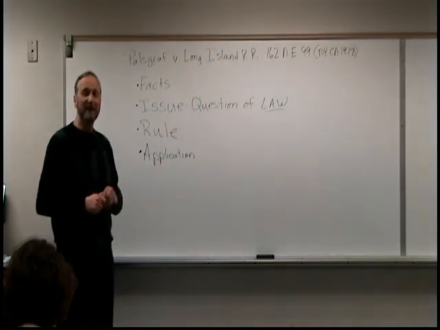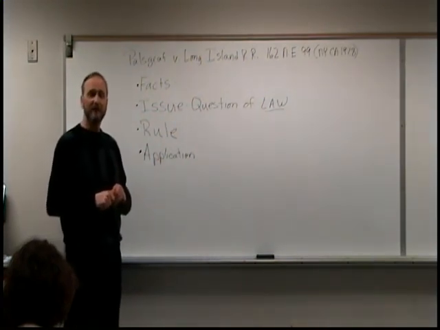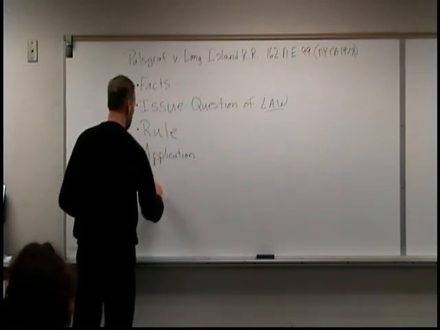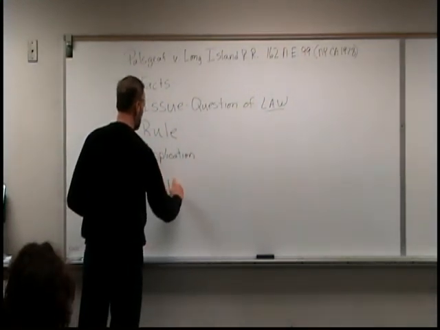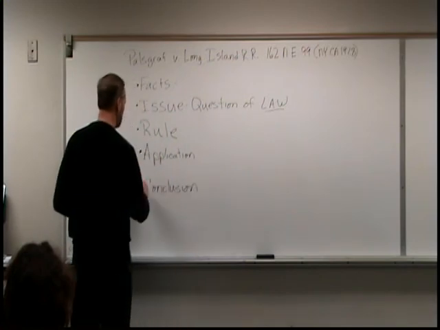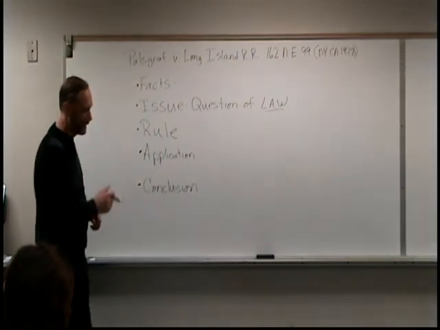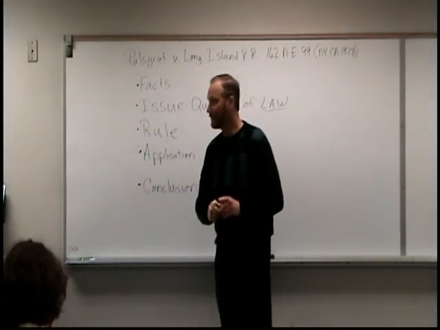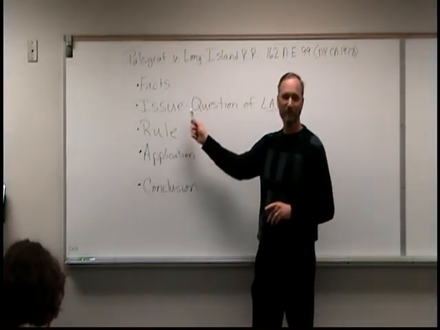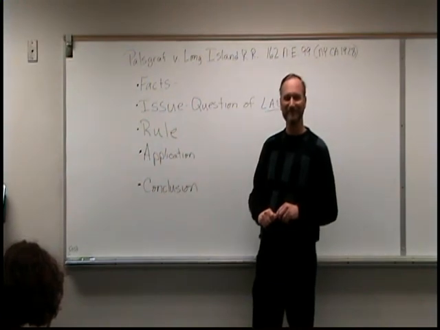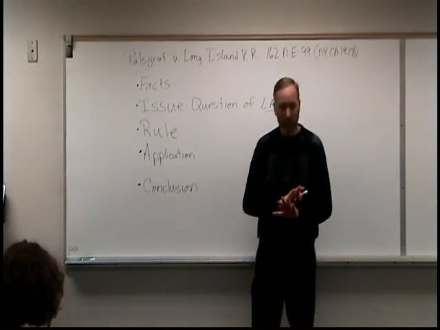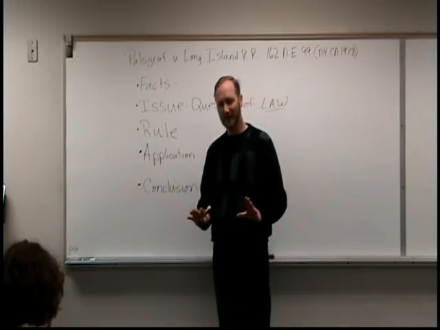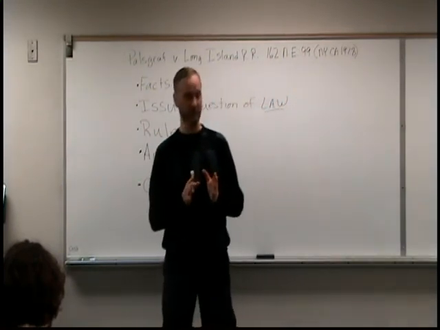After you've done your application, the last step is the conclusion. The conclusion is just simply the answer to the question. It's not any more discussion, it's not any more argument, no more application, it's simply the conclusion.